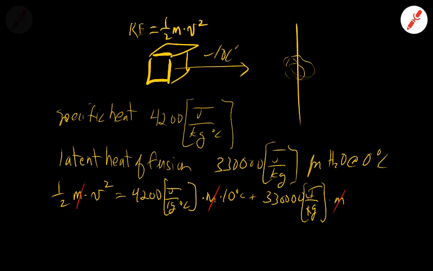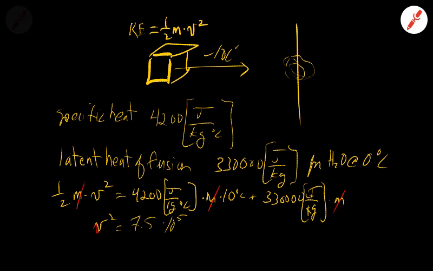So I can simply say v squared is equal to 2 times this whole quantity, and going into a calculator, 2 times 4,200 times 10 plus 2 times 330,000, I get a quantity of about 7.5 times 10 to the 5.